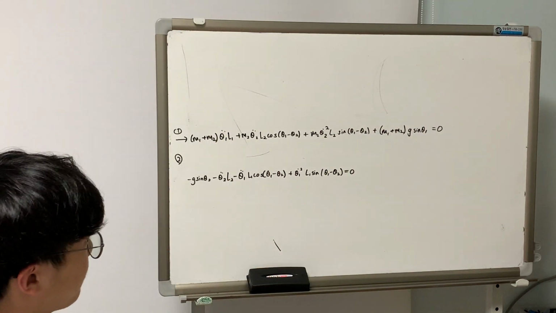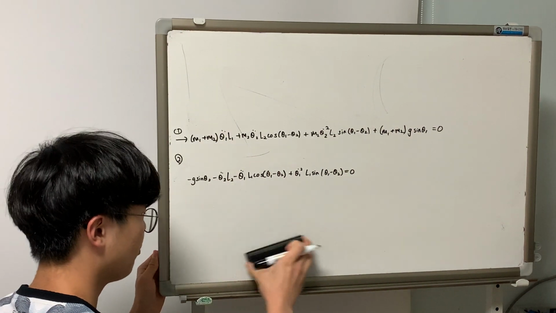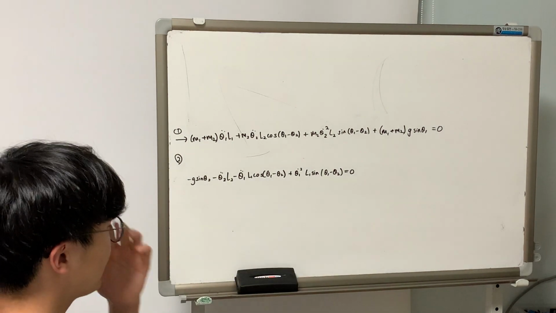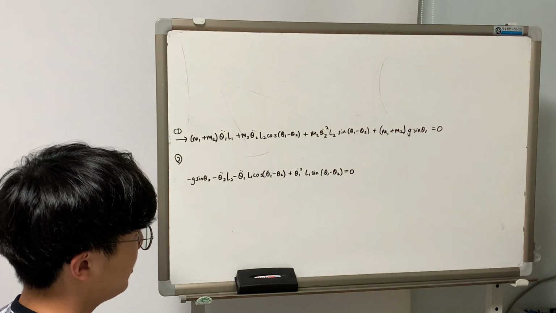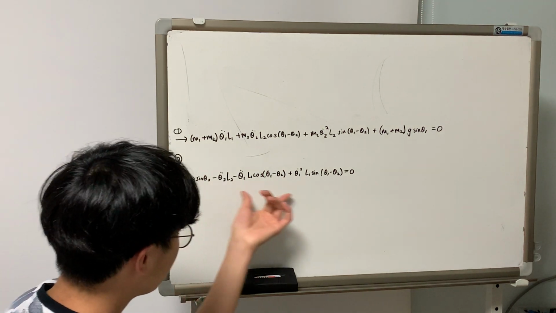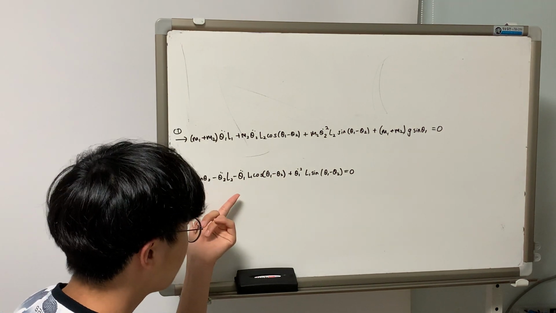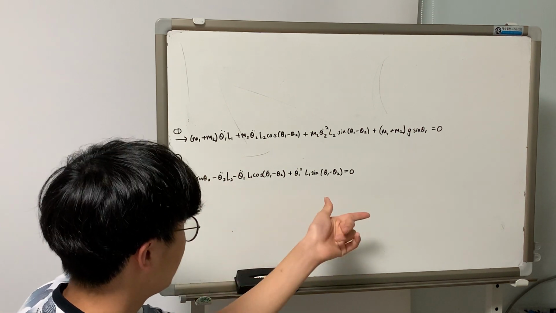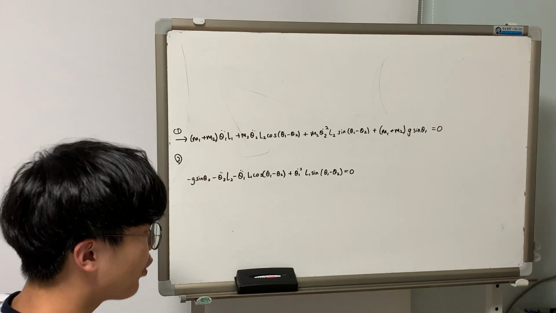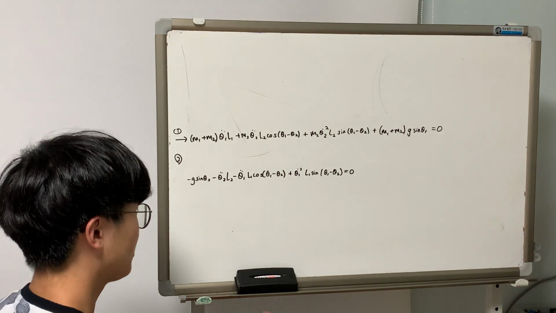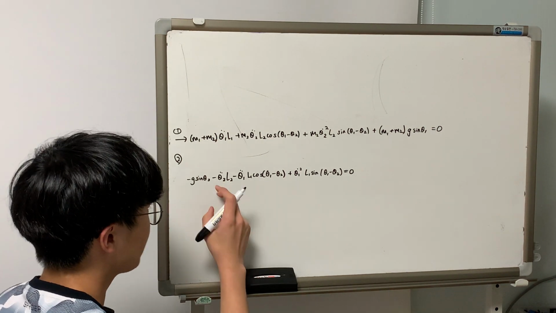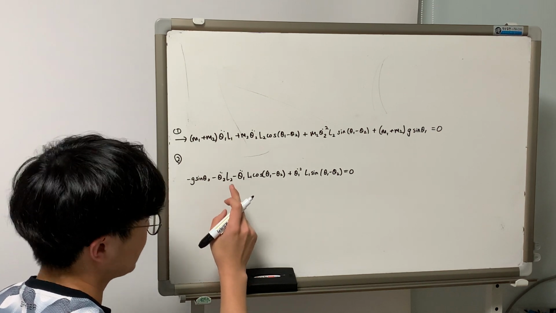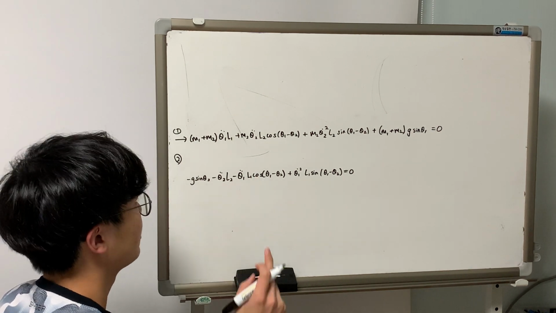Right, so now we have our simplified equations of motion, but we still haven't defined them in terms of theta 1 dot dot and theta 2 dot dot. Now, let's look at this equation here. It's rather simple, and what's good about it is that we could get a fairly simple term in terms of theta 2 dot dot, but still we're going to have theta 1 dot dot in it.